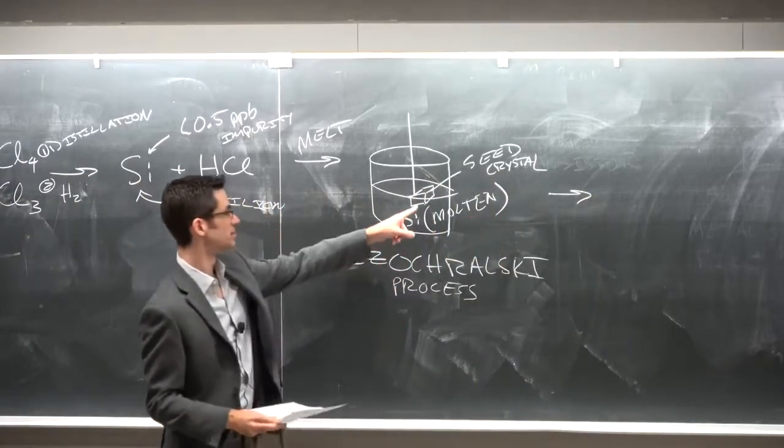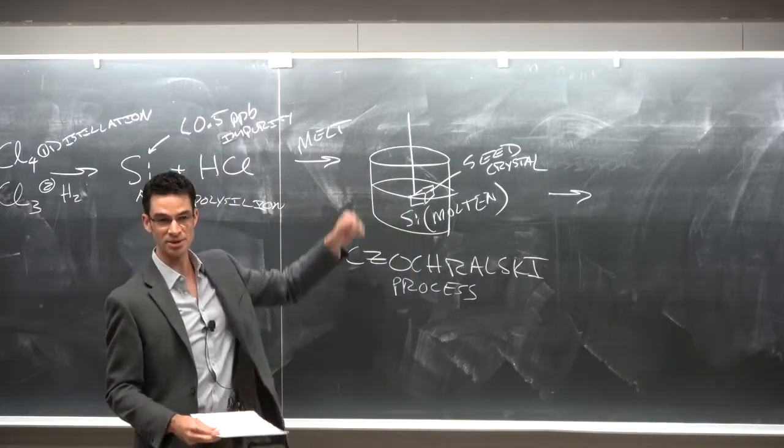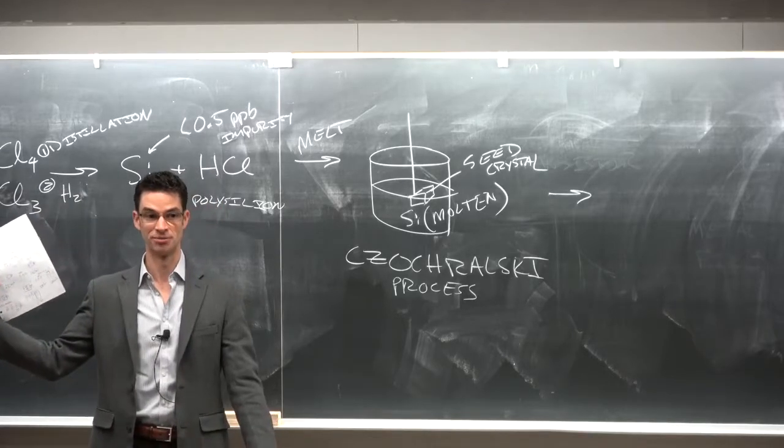The silicon atoms nucleate at the crystal facets, and when you pull this thing out, you get a single crystalline ingot or boule of material.